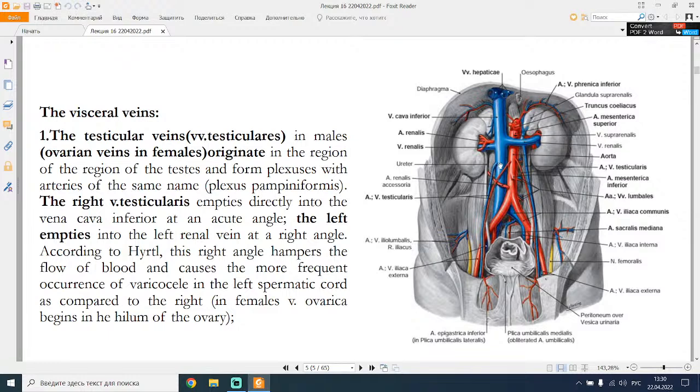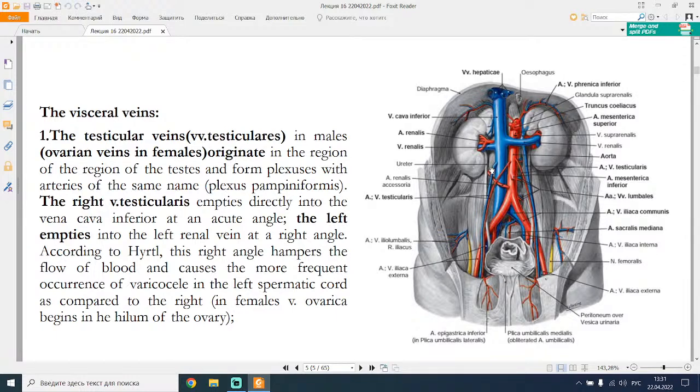In females, vena ovarica begins in the hilum of the ovary.